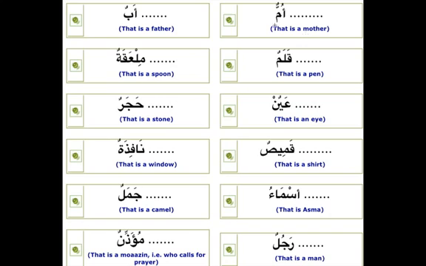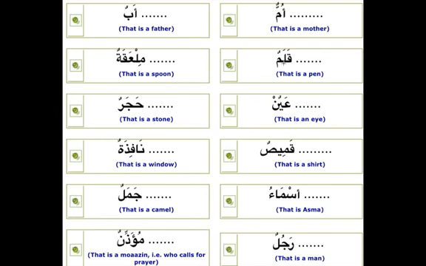So we want to use a feminine demonstrative pronoun for that, the demonstrative pronoun for far, feminine. So it will be tilka. Tilka ummun. That is a mother, even though there's no ta marbuta, because mother is feminine.